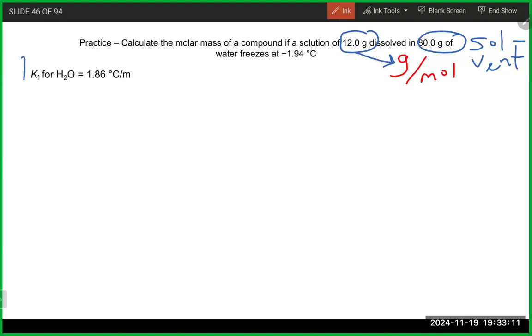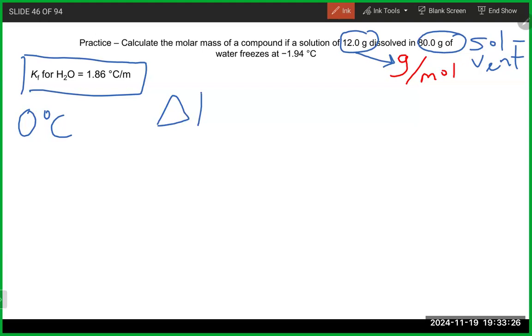So we know obviously water's our solvent, so we can look up in our table our Kf value for water. We also know that the normal freezing point of water is 0 degrees Celsius. So we can use our formula here to help us. Our change in freezing point temperature is our Kf times our molality. I could figure out my change in freezing point temperature.